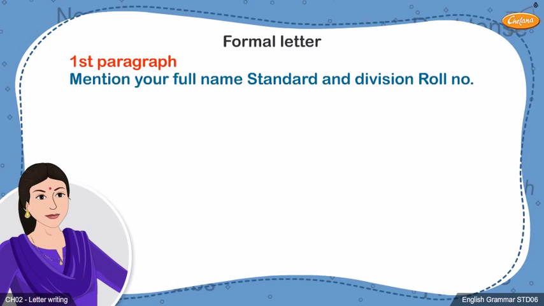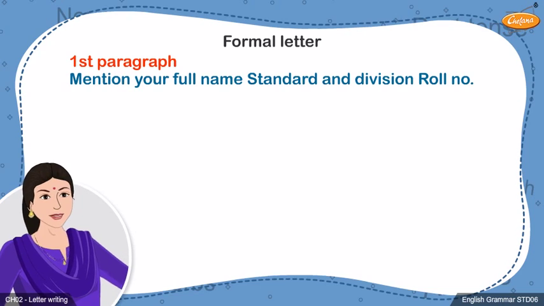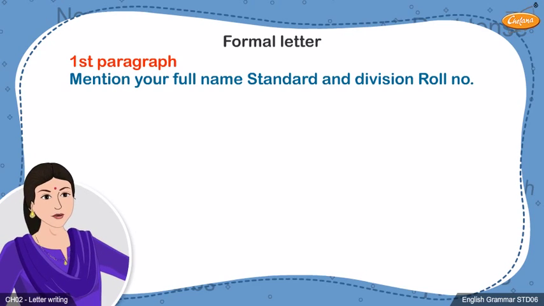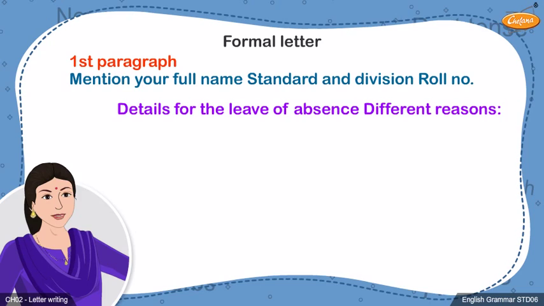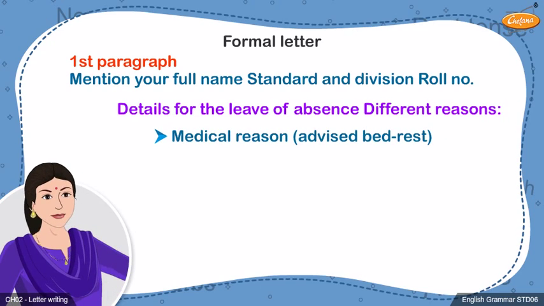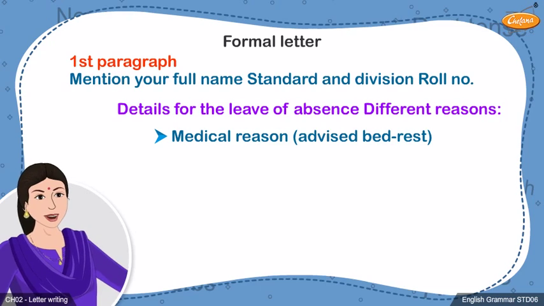In the first paragraph of this letter, give your introduction by mentioning your full name, your class and division, and also your roll number. The next point must contain details as to why you would remain absent. You can choose to write you are unwell and the doctor has advised you to be on bed rest.